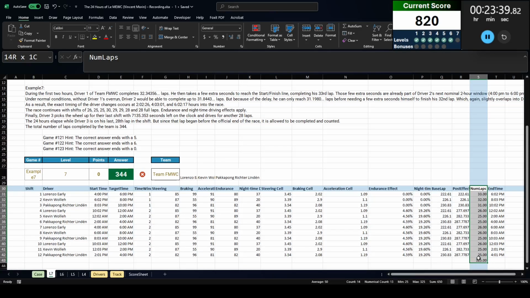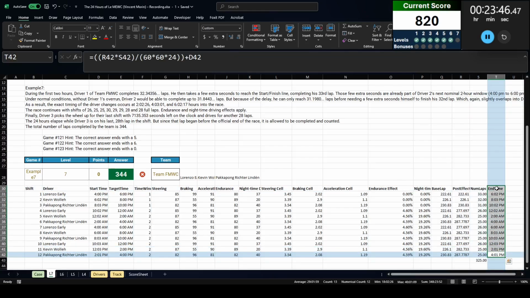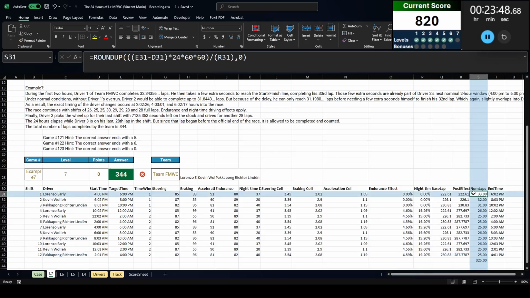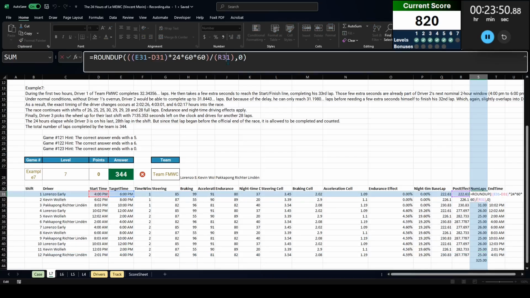Let's add a column in here. Actually, wait, let me just see something here.